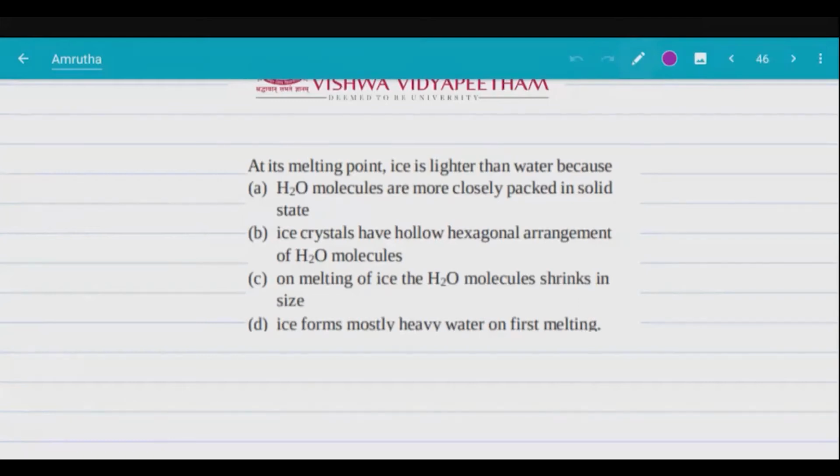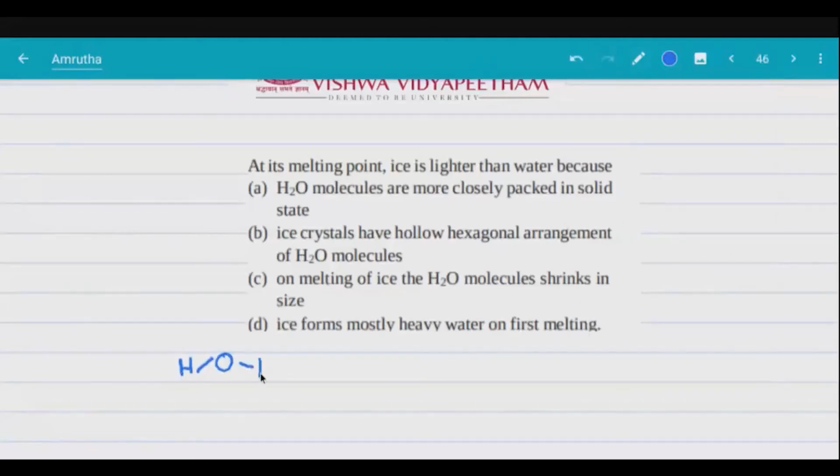See, it is a unique behavior of water. I'll tell you what it is. First, let me discuss. H2O has hydrogen bonding, no doubt.